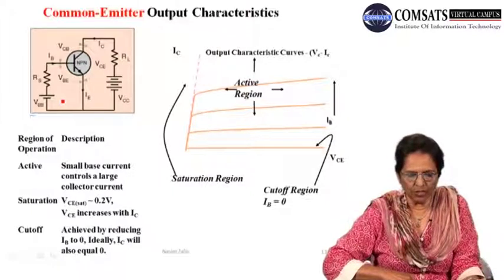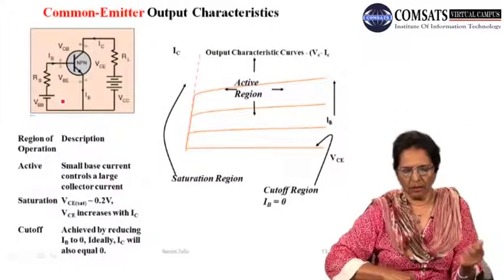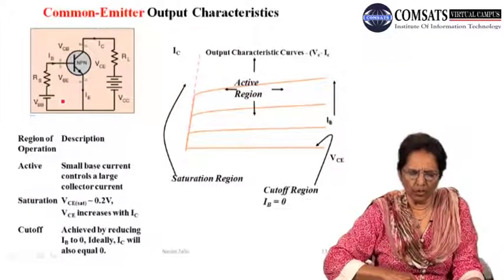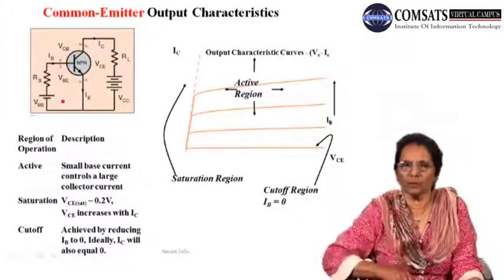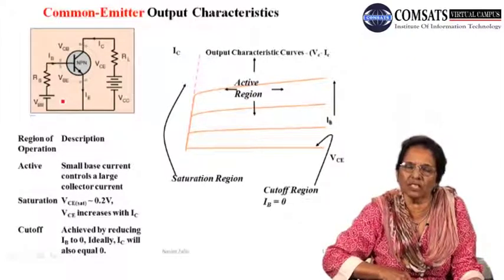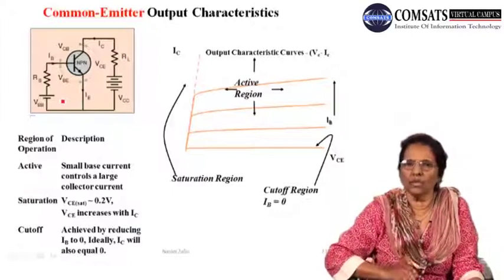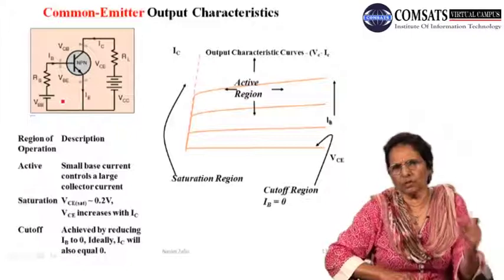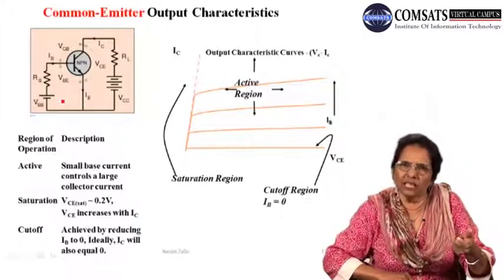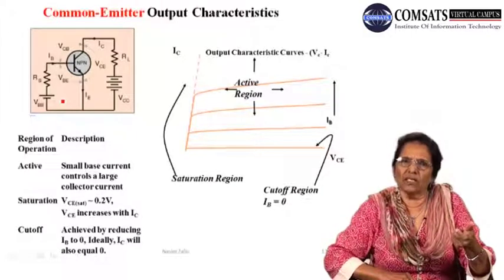In the saturation region, the voltages are of the order of 0.2 volts, at which the current starts to increase. Output current starts to increase significantly only when the output voltages are of the order of 0.2. Now the 0.2 or 0.3, as you would recall, is a typical value for a germanium diode.